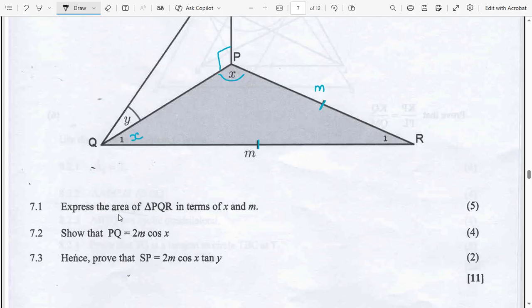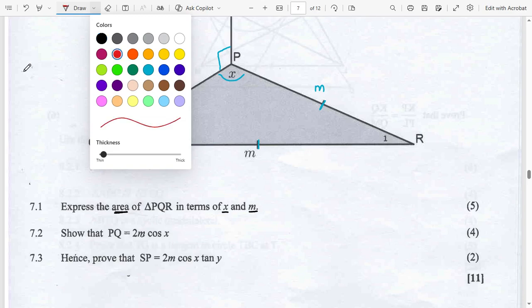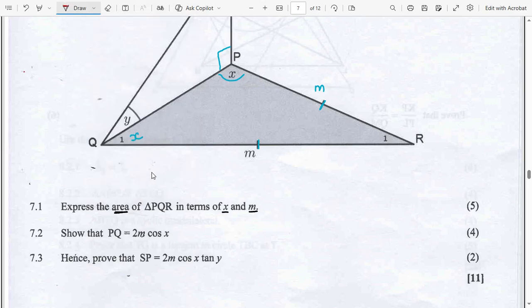So when they say express the area in terms of X and M, in your answer you should have X and M. Okay, so the area of what? Triangle PQR. Let's go and highlight that triangle that they are referring to. P, Q, R. That's the triangle that we need to focus on.